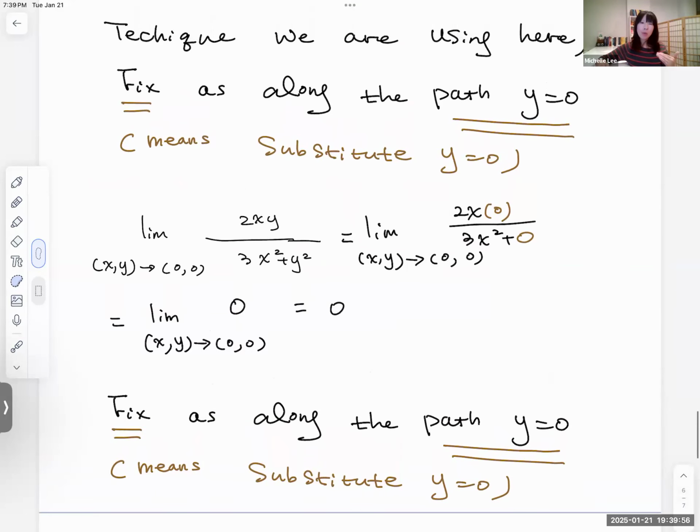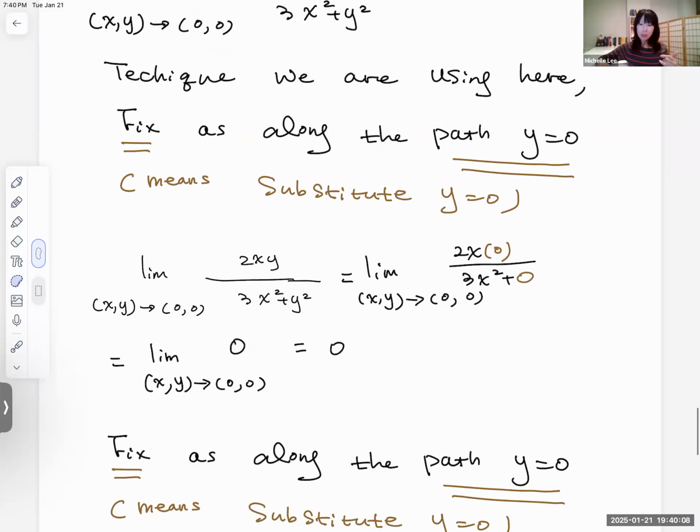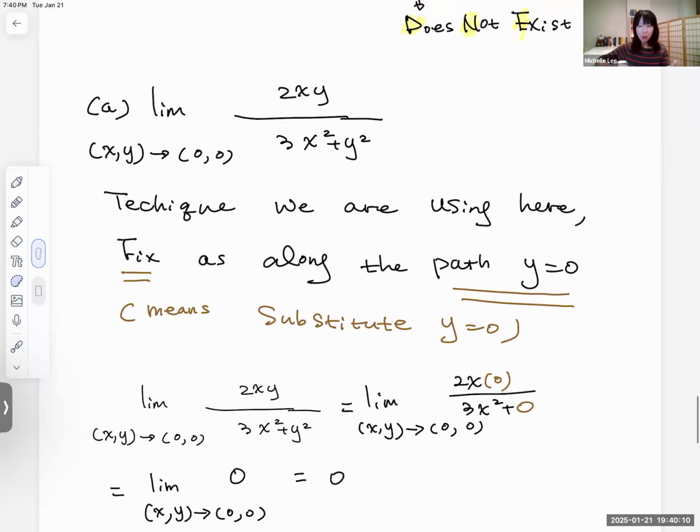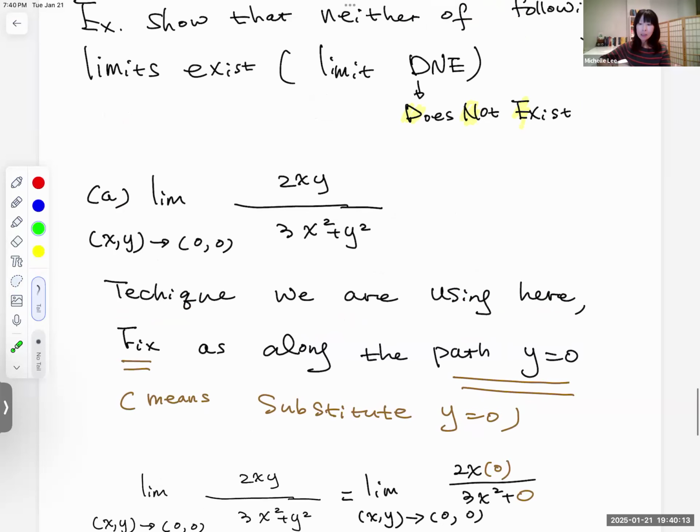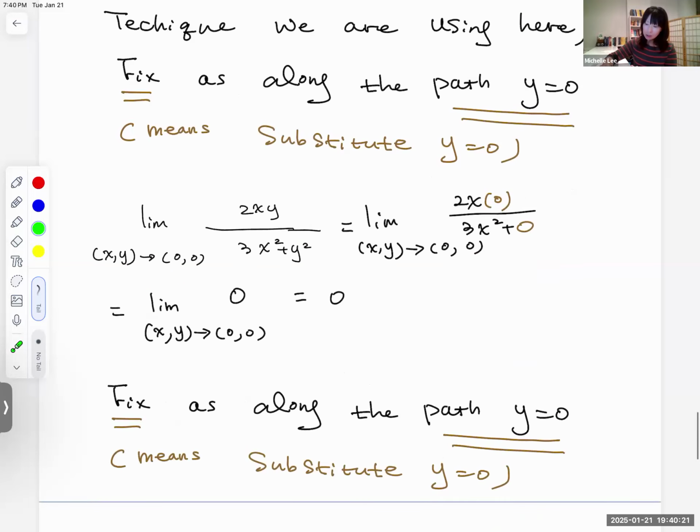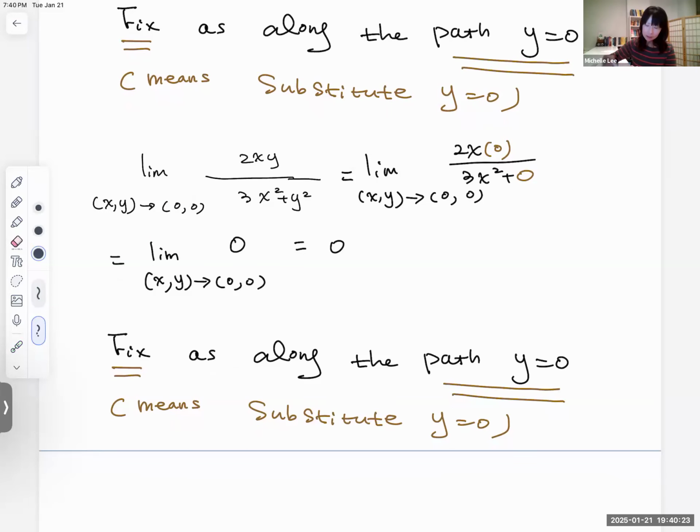In that case, I don't want to make a path x equal to 0. If we make x equal to 0, it shows the answer is also 0, right? We don't want that because we want to show that this problem does not exist. Does not exist means we show that there are two different answers.